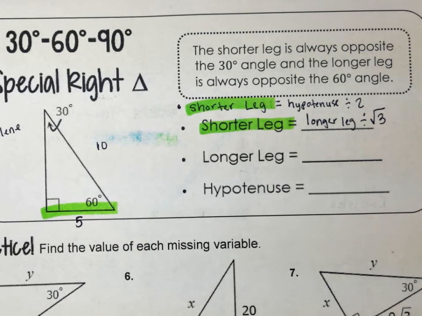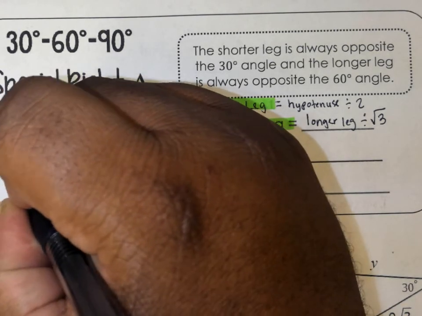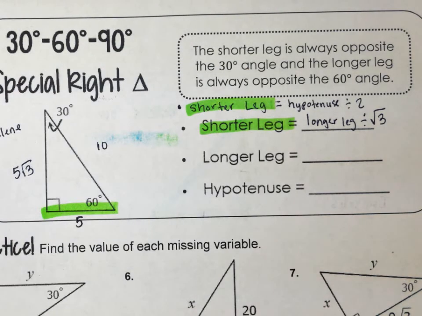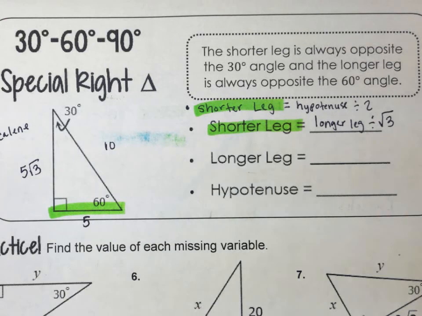So I'm going to put a number on my longer leg to make it work. My longer leg would have to be 5 square root 3. And then if I divide square root of 3 off of this, I would get the 5 for my shorter leg. It would just cancel off.